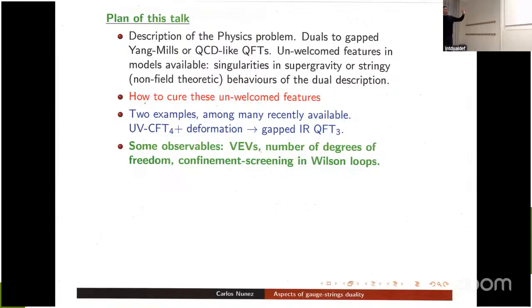I will discuss two examples among many different examples recently available, where 4D CFTs are deformed into 3D quantum field theories with a mass gap, in some cases with confinement, in some other cases not. I'll tell you how to calculate some observables like vacuum expectation values, numbers of degrees of freedom, what you may call central charges, and the transition between screening and confinement of Wilson loops.